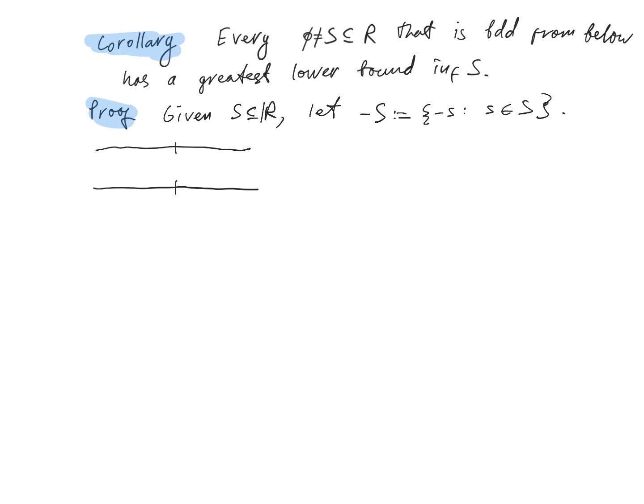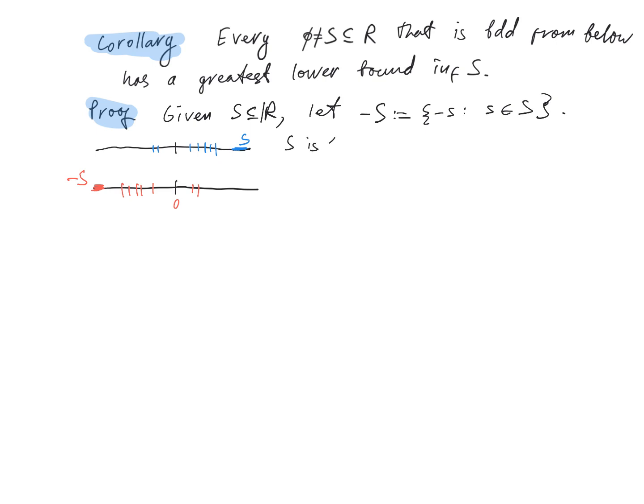So if we're given a set S, for example, of this form, then the set minus S is going to correspond to its reflection around 0. So we have a set of the form like this. Okay, so this is minus S.